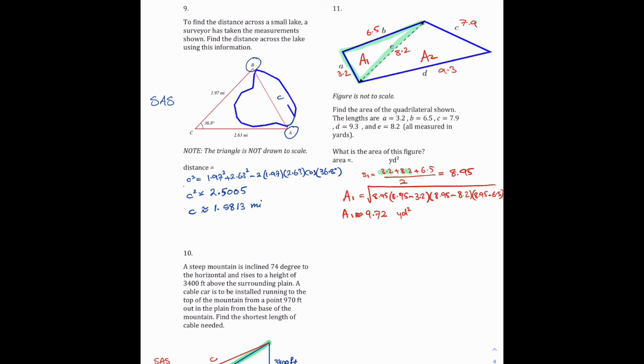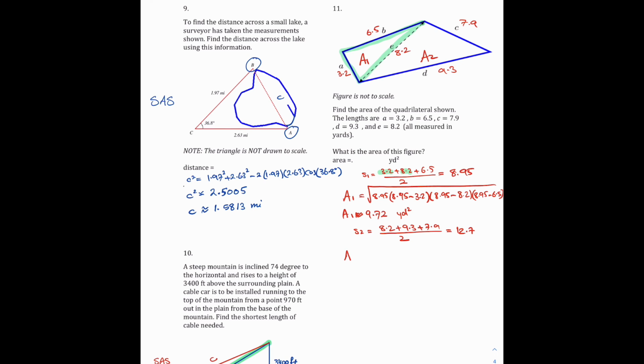And then for A2, we need to find S2. S2 is equal to 8.2 plus 9.3 plus 7.9 divided by 2. We get the second semi-perimeter to be equal to 12.7.